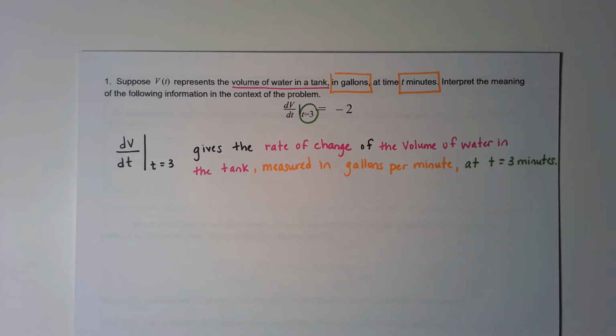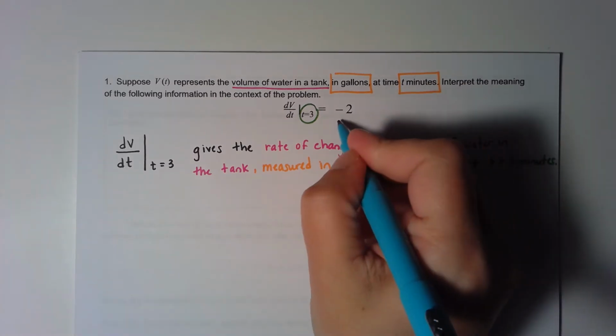Now the second part of this is, so what does it mean if we actually get the number -2?